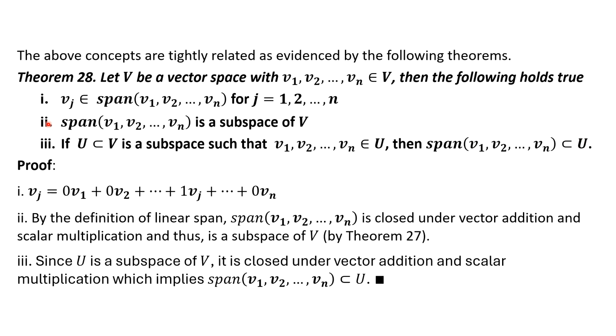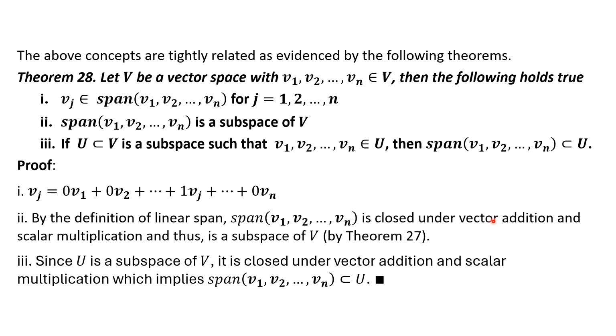So the first part is simple. It's almost obvious to say that Vj is in the span of these vectors. Since it's one of those vectors, you just write it with 0 for the other coefficients, and then 1 times Vj. So that gives you this here. That's, as I say, pretty obvious. By the definition of linear span, the span of these vectors is closed under vector addition and scalar multiplication, and thus is a subspace of V. That was a theorem we had from two slides back, theorem 27.